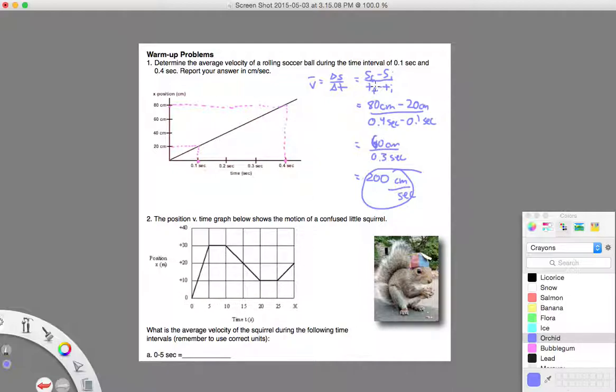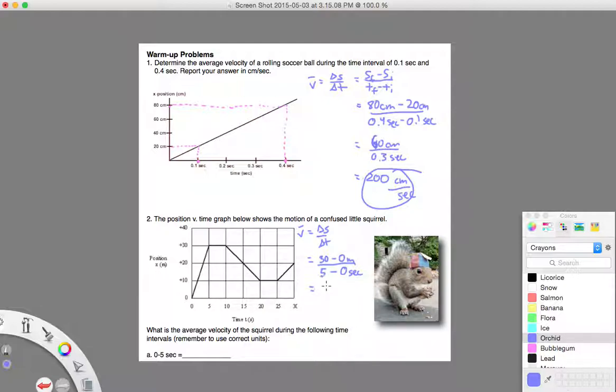I'm going to use exactly the same equation as I used up there, so I'll keep with the purple. Our velocity is going to be the change in position over the change in time. So our change in position would be 30 minus 0, which is, guess what, 30 meters. And the time is going to be 5 seconds minus 0 seconds.